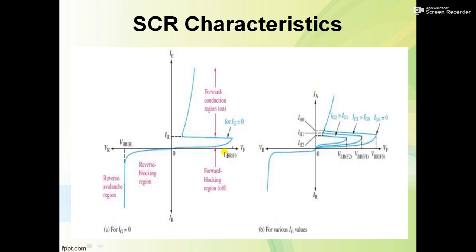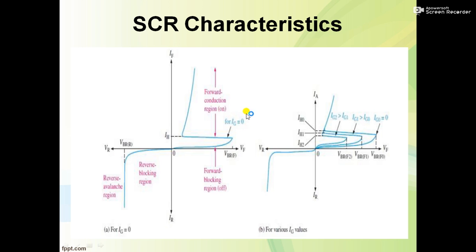It also shows that if gate bias is used, then the gate current Ig increases. When the gate current Ig increases, less voltage is required to turn on the SCR.